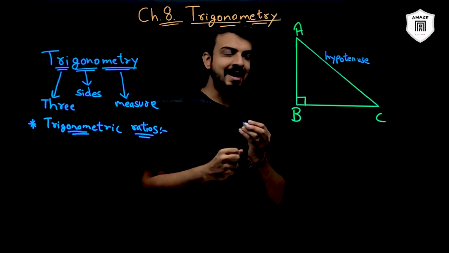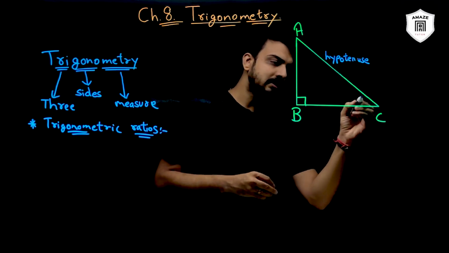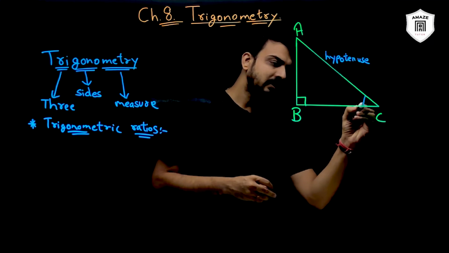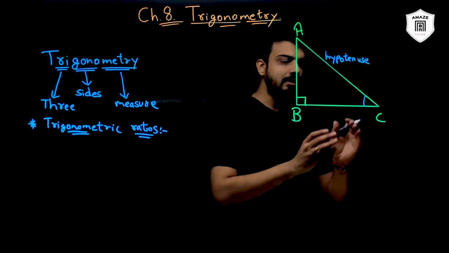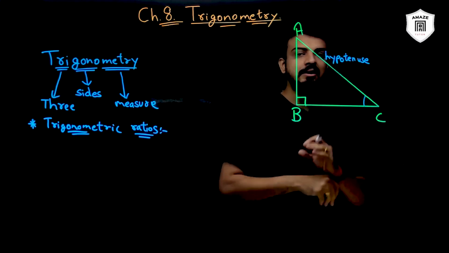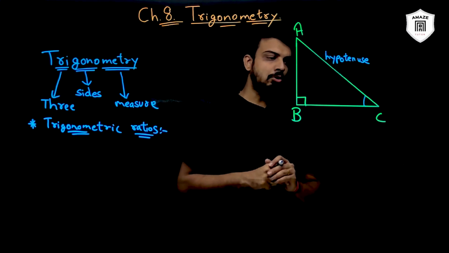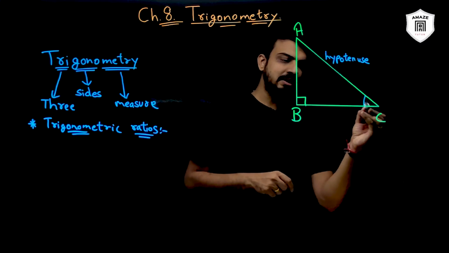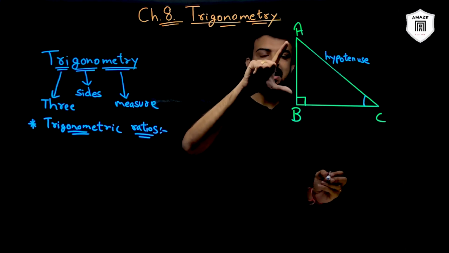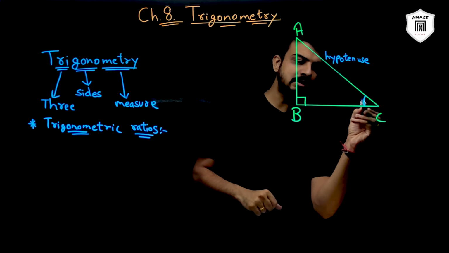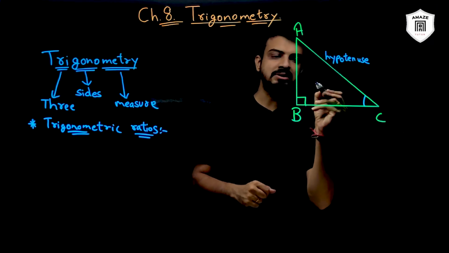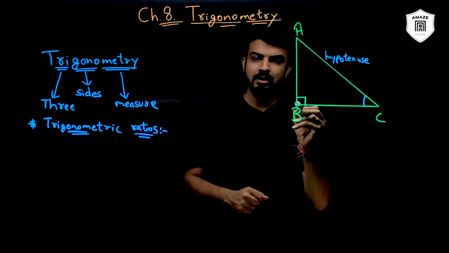Now, if I take the reference angle as angle C, reference angle means I am looking from angle C, we are going to name a few of the sides. For this angle C, what is side AB? If I look at the opposite side, it's AB, right?